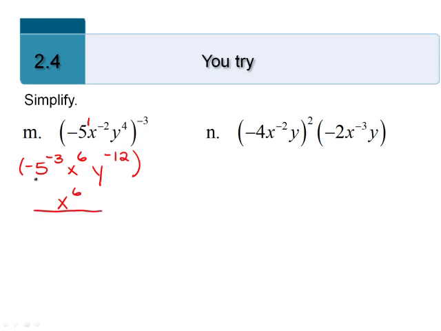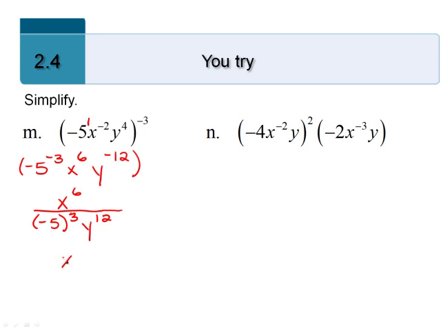Now on the bottom, and this is where you still need to keep that negative 5 in parentheses, negative 5 is going to go to the bottom to make that 3 positive. And the y also goes down to the denominator to make that 12 positive. Okay? Now the last step we need to do is work out negative 5 to the third on the denominator.